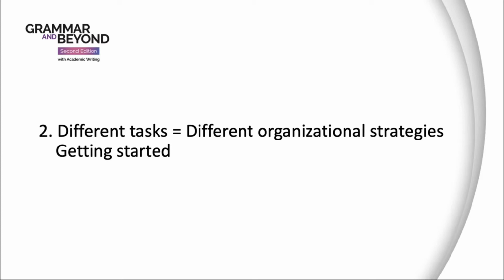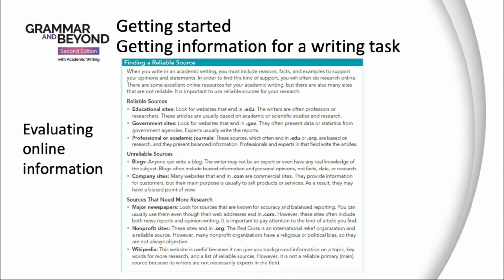Getting started. So if we're going to write information in response to a writing task, we need to have some information, right? We've got to find some information, and often our students are going to get information online. So it's really good to start with the idea of looking at what sources are reliable, what sources are unreliable, and what sources might be reliable or might not be reliable. They need more research.